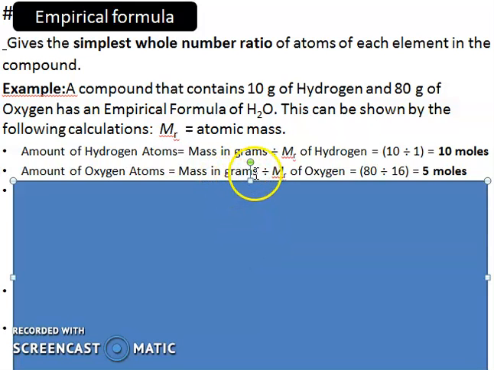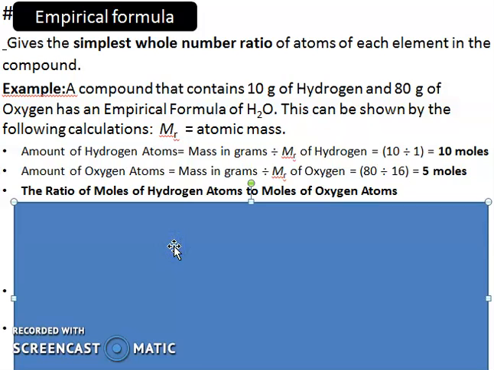That is mass in gram, 80 grams, divided by 16. What is molar mass or atomic mass of oxygen? That is 16. So you got it. How many moles of hydrogen? That is 10 moles. And how many moles of oxygen? That is 5 moles. Got it?